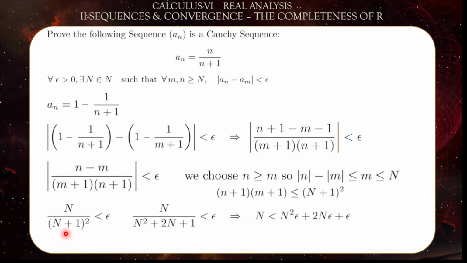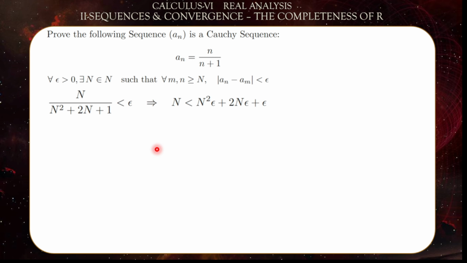So n divided by (n + 1) squared is less than epsilon. n divided by n squared plus 2n plus 1 is less than epsilon. Hence, n is less than n squared epsilon plus 2n epsilon plus epsilon.